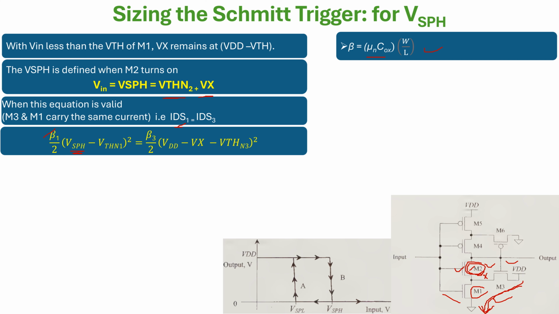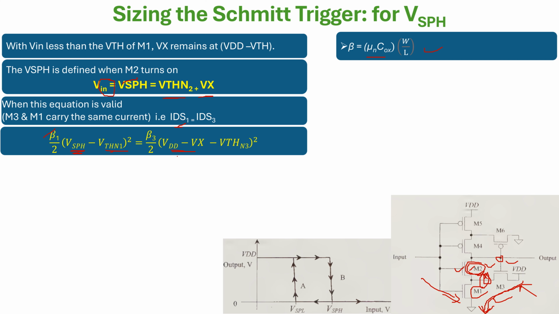VGS is nothing but this Vin, correct? I'll write VGS equal to VSPH now, because I'm concerned with the point at which it's turning on. So VSPH minus VTHN1 is equal to the VGS of M1. And what is the VGS of M3? VG is VDD minus this Vx.